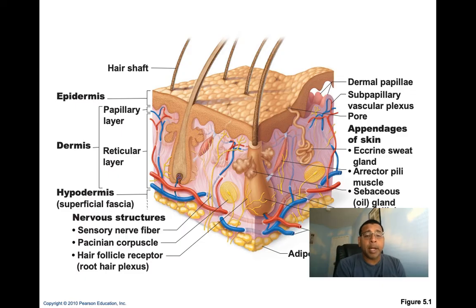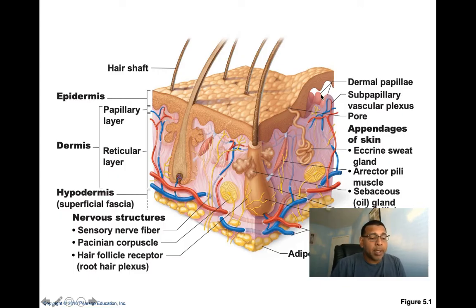Now, the papillary layer is the thin and superficial layer of the two. The tissue type here is areolar connective tissue. It will contain collagen and elastic fibers. There are additional structures here we can appreciate: blood vessels, and also our dermal papillae.